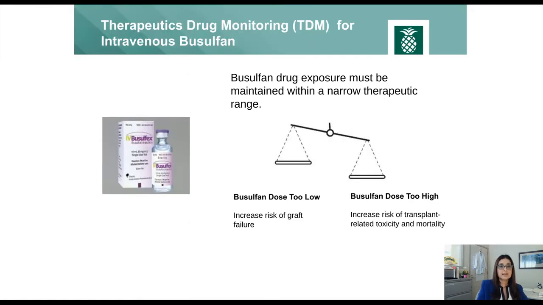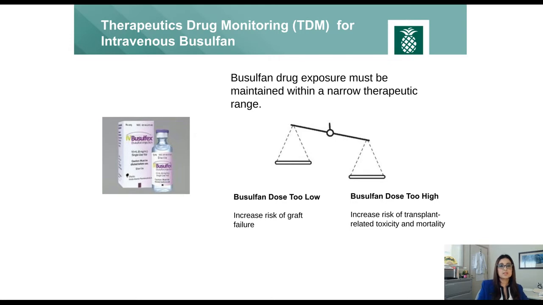In clinical practice, TDM is essential for measuring concentrations of specific therapeutic drugs at designated intervals in the blood. TDM of Busulfan is critical for determining proper dosage to completely ablate the bone marrow and to prevent the toxic effects.